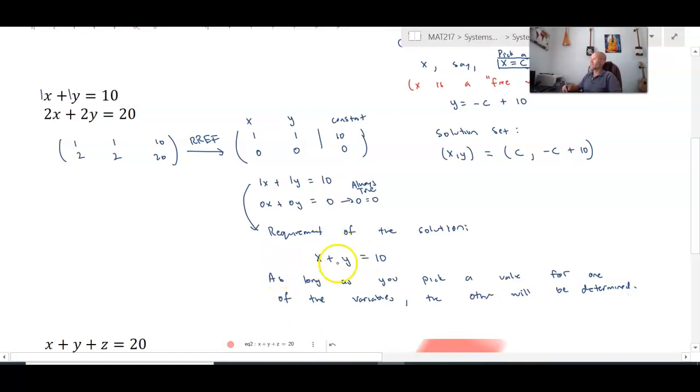Meaning that if I put in a y value of 6, then that would mean that x has to equal 4, right? That x is determined fully by the value of y that you give it.